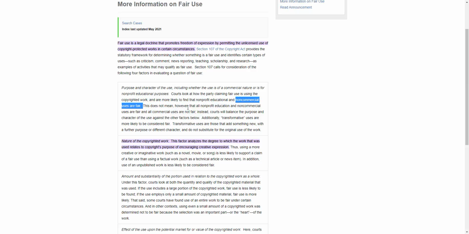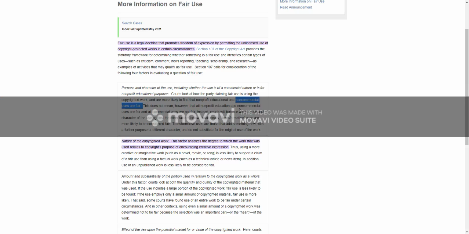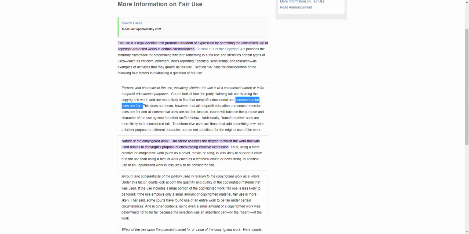This does not mean, however, that all non-profit educational and non-commercial uses are fair, and all commercial uses are not fair. Instead, courts will balance the purpose and character of the use against the other factors below.